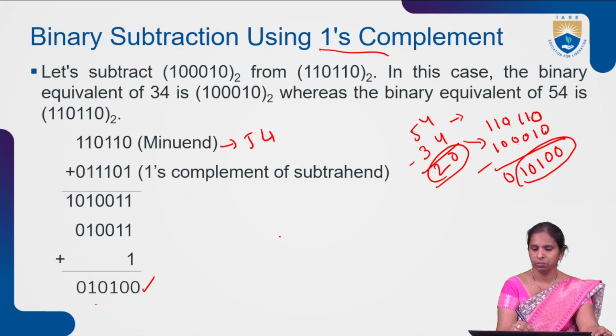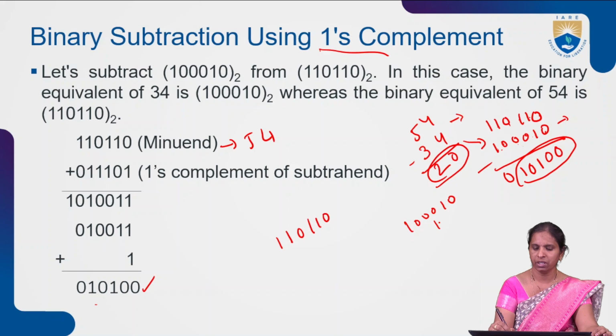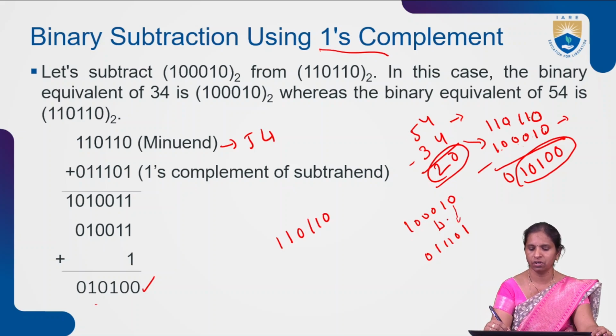First, take the minuend. What is the minuend here? 110110. Next, what is the subtrahend here? 100010. So for this, what is the 1's complement here? 011101. How do you get the 1's complement? Just reverse 0 by 1 and 1 by 0, then you get the 1's complement.